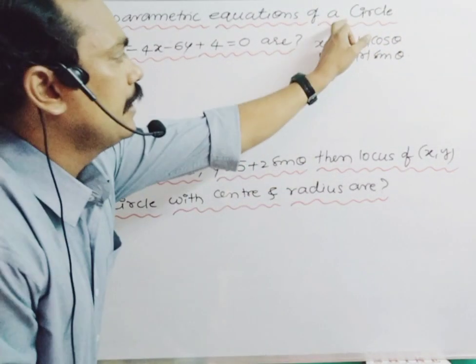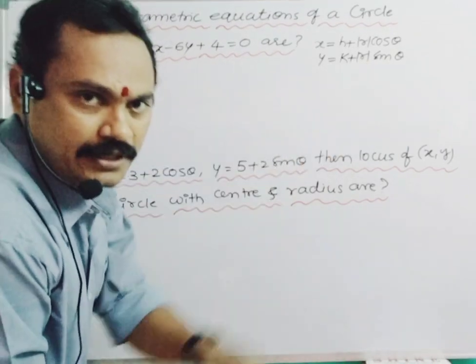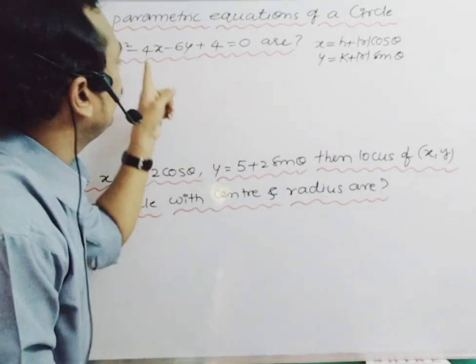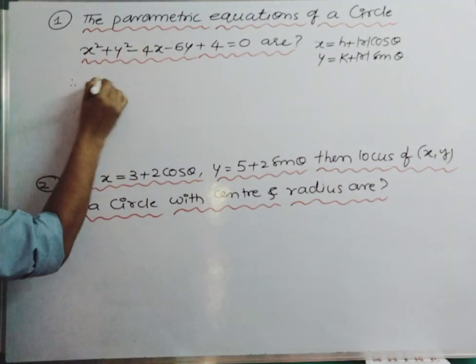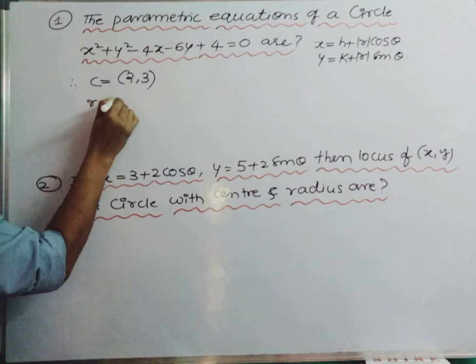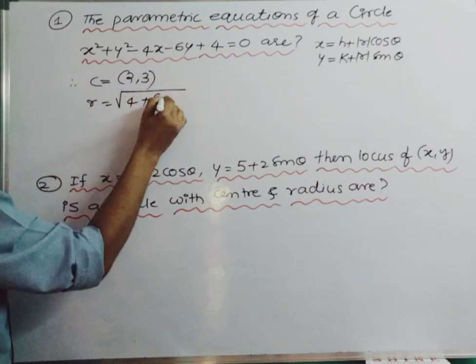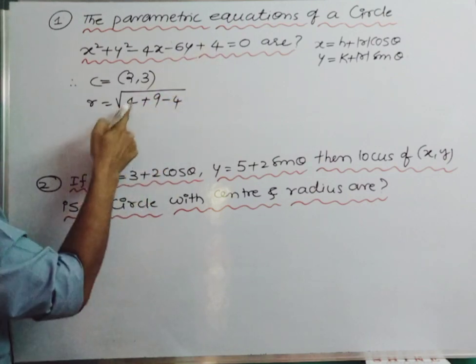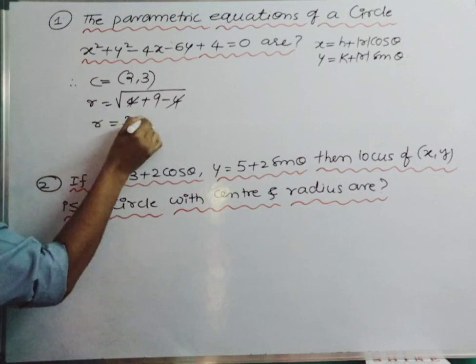Here h comma k is the center of the circle and r is the radius. Simply find the center and radius of the given circle. What is the center? 2 comma 3 is the center. And what about the radius? 2 square is 4, 3 square is 9, minus 4: g square plus f square minus c. That is 3 only. r equals 3.